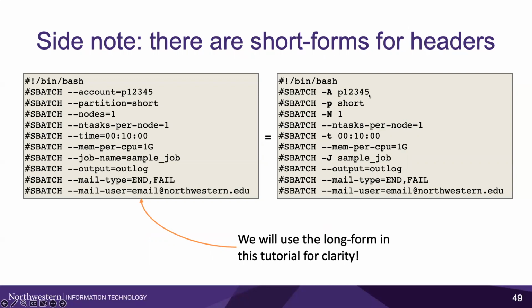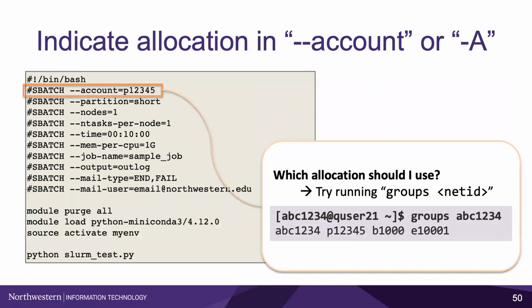From Slurm's perspective, these are completely equal. It doesn't care which one we use. You're free to use whichever one makes more sense to you, but for the purpose of this tutorial, I'll be sticking to the long form for clarity. All right, so let's get into the directives.